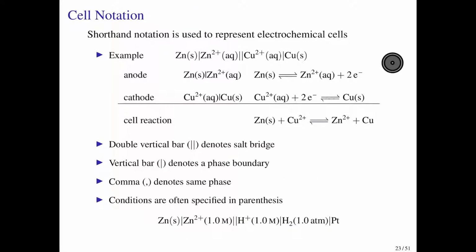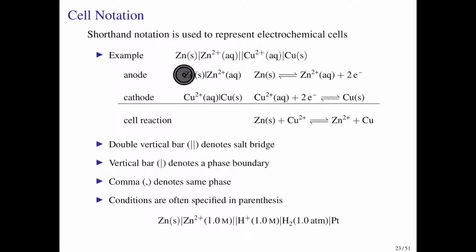We use a particular notation called cell notation to represent electrochemical cells, so it's a shorthand. Here is an example at the top of cell notation for a particular electrochemical cell. The left-hand side represents the anode. You have a zinc metal anode, and then the vertical line denotes a phase boundary, which would be the phase boundary between the solid electrode and the aqueous zinc ion solution.